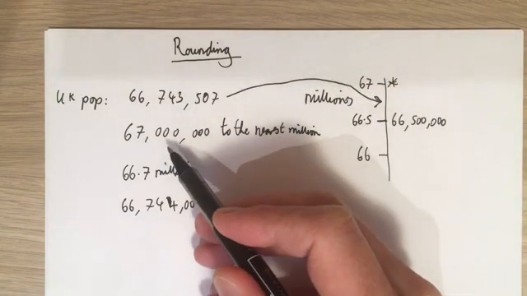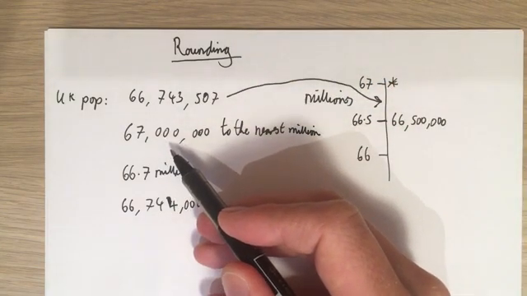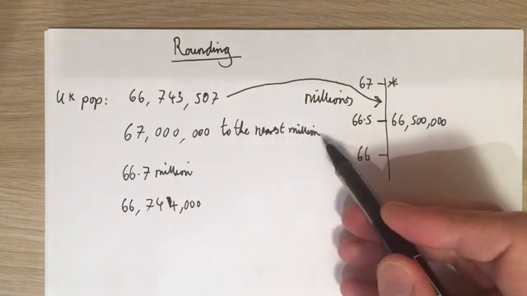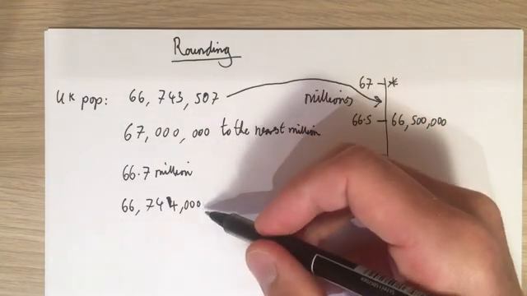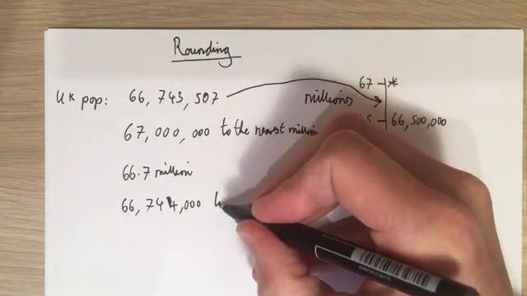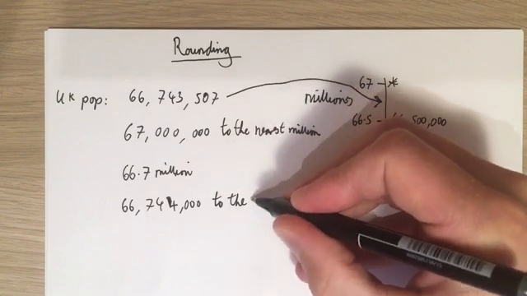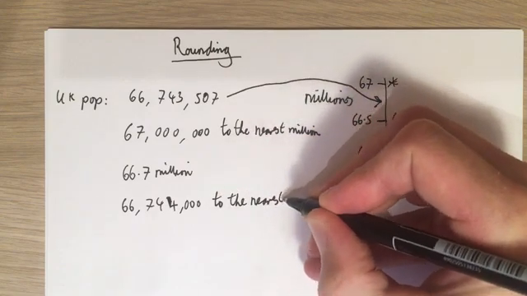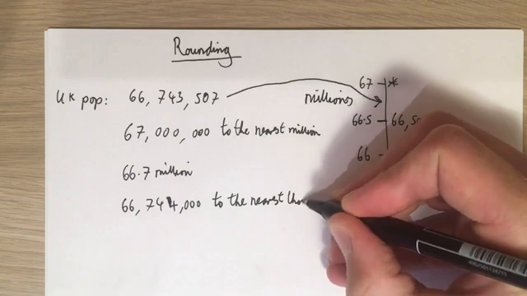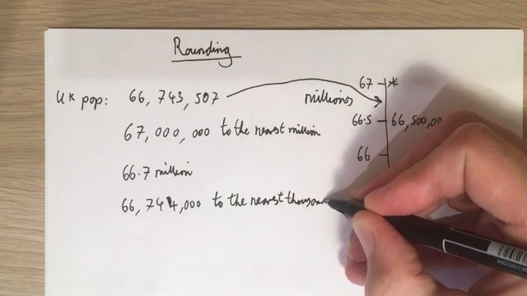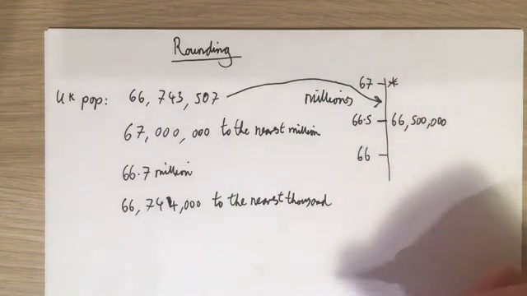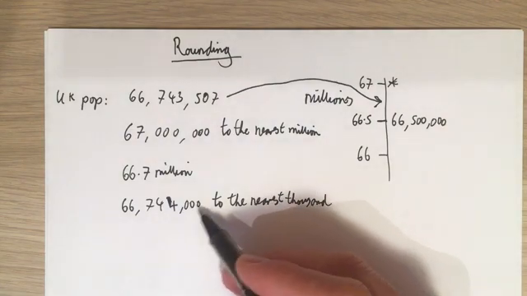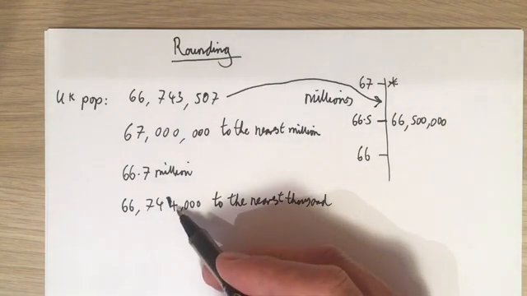So this number is the UK population, accurate to the nearest million. This number is the UK population to the nearest, think about it, what am I going to write? To the nearest 1,000. Okay, because here I've got 3 zeros like 1,000 does, and this is the nearest 1,000.